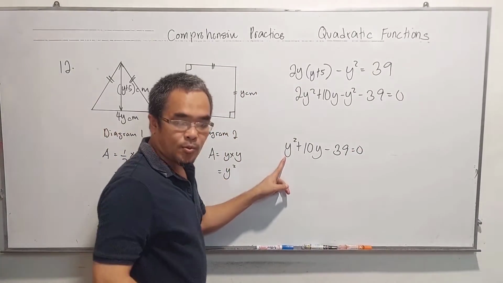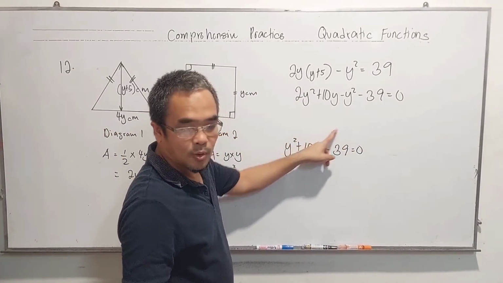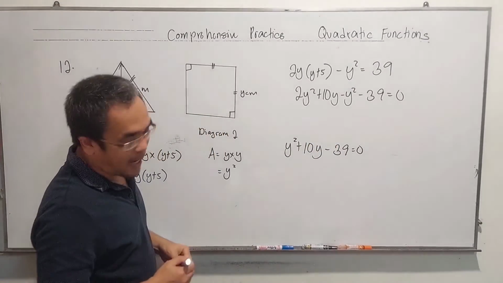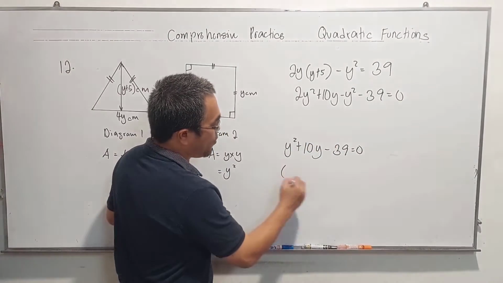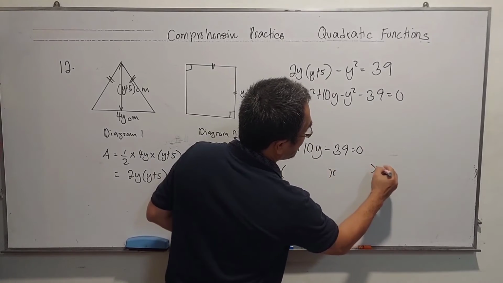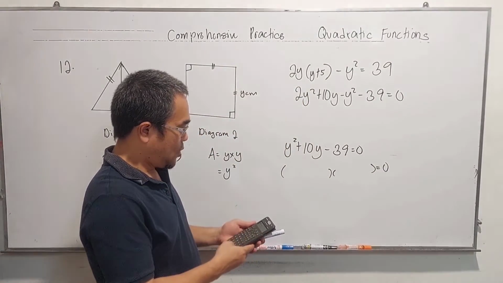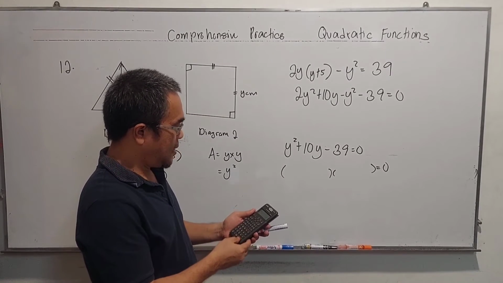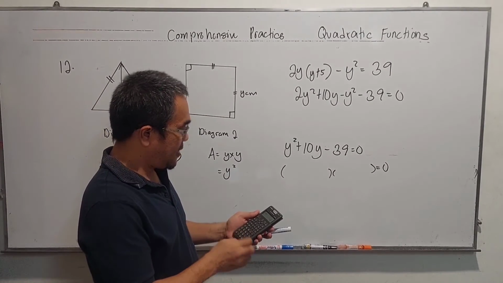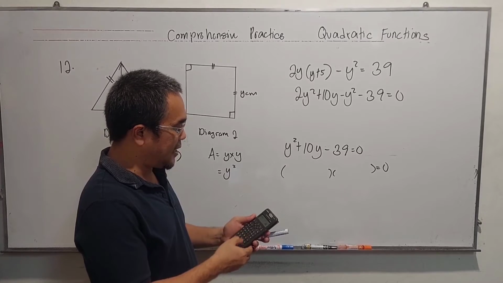Okay, I think you can still read that, right? Then we try to find the value of y using factorization. A would be 1, B is 10, C is negative 39.